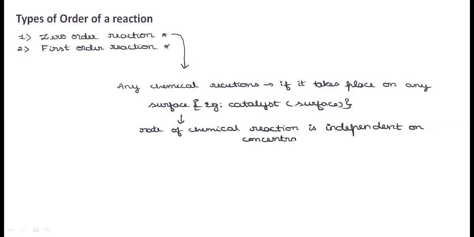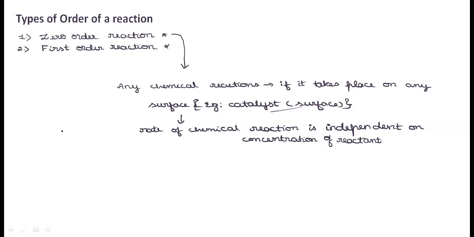That means whatever the concentration of reactant present, the reaction will take place, whether it is very high, very low, or moderate concentration. So such a chemical reaction, which is independent of the concentration of reactant, is defined as a zero order reaction.